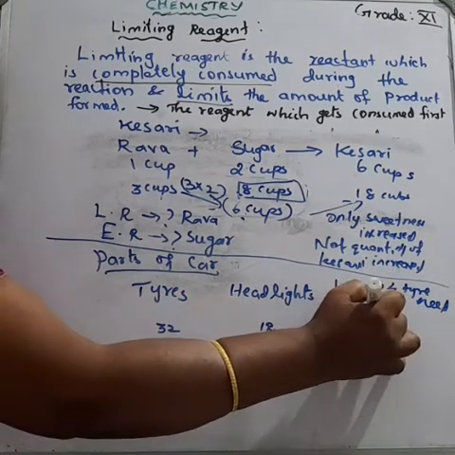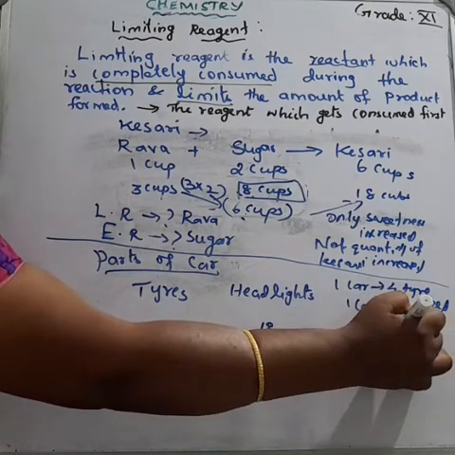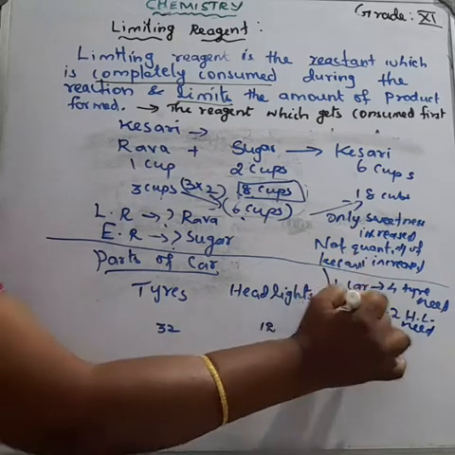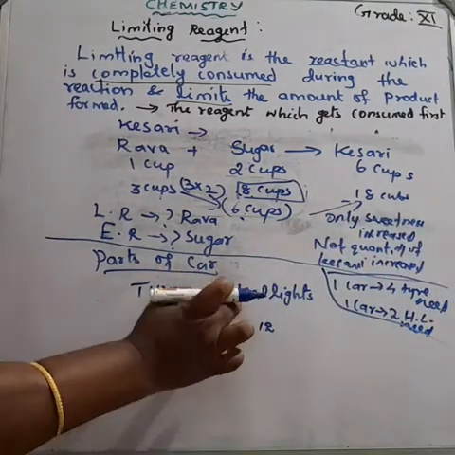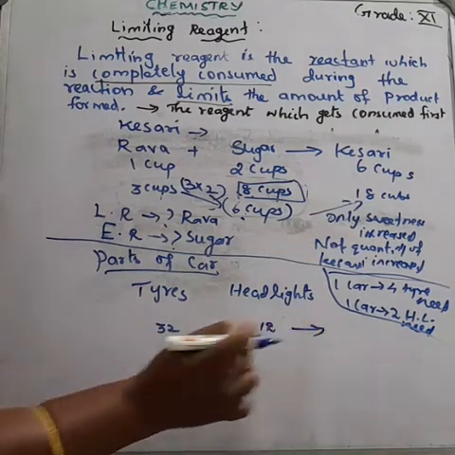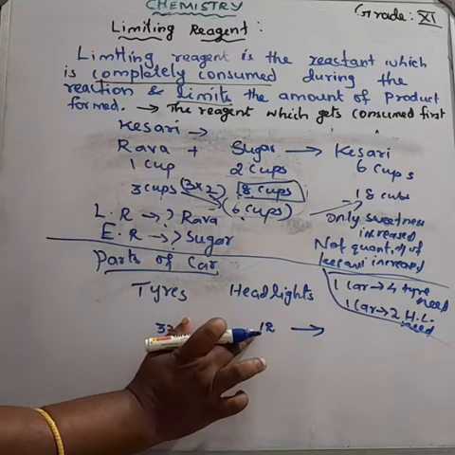Okay, so the manufacturing company prepared 32 tires and 12 headlights. So tires here 32 plus headlights 12.